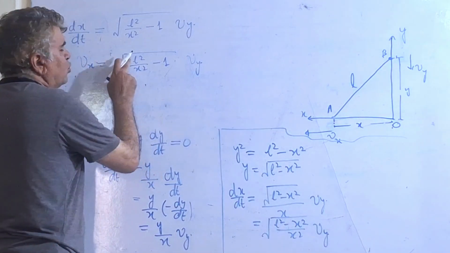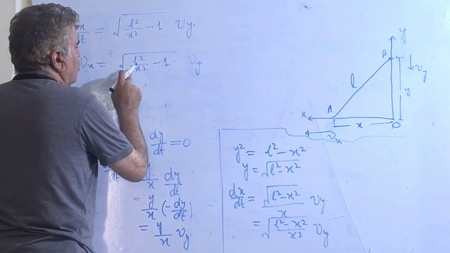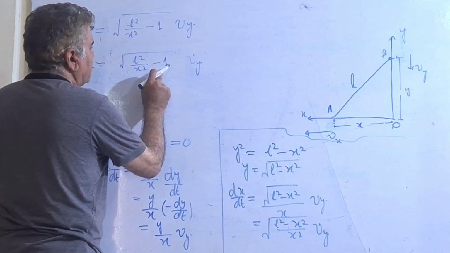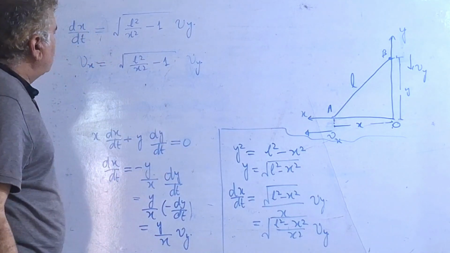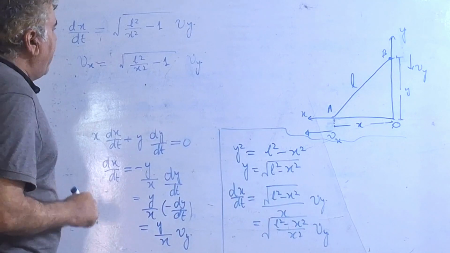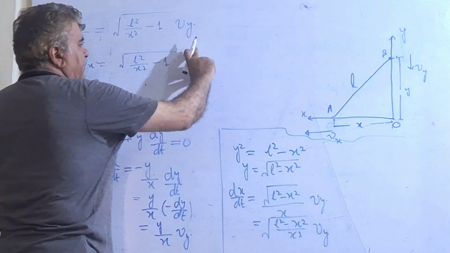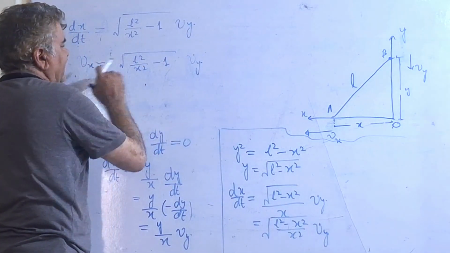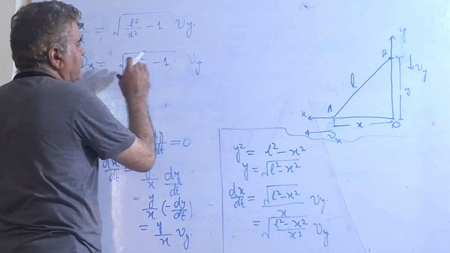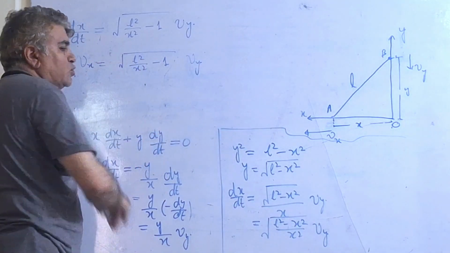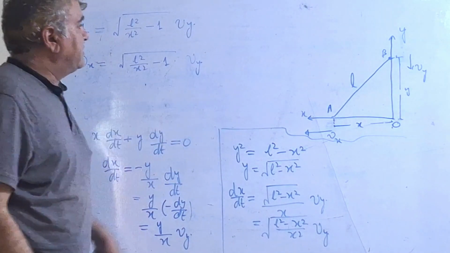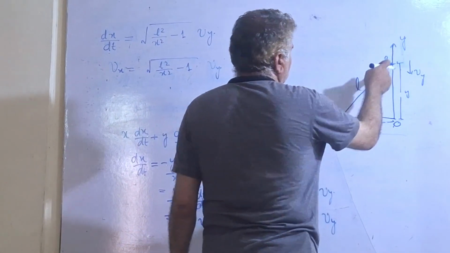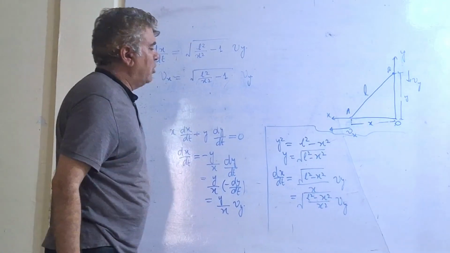And at x is equal to L, this thing is 1, and 1 minus 1 is 0, and vx becomes 0. So in fact, for vy being constant, vx is constantly decreasing from a certain higher value to zero. So the velocities of the two ends of the rod are not equal.